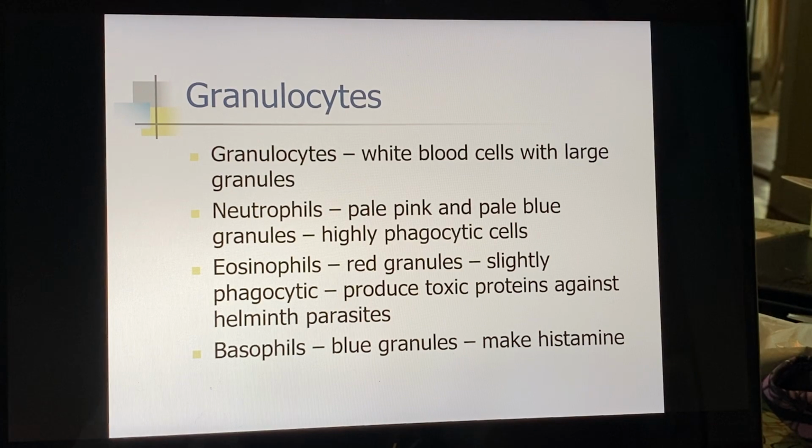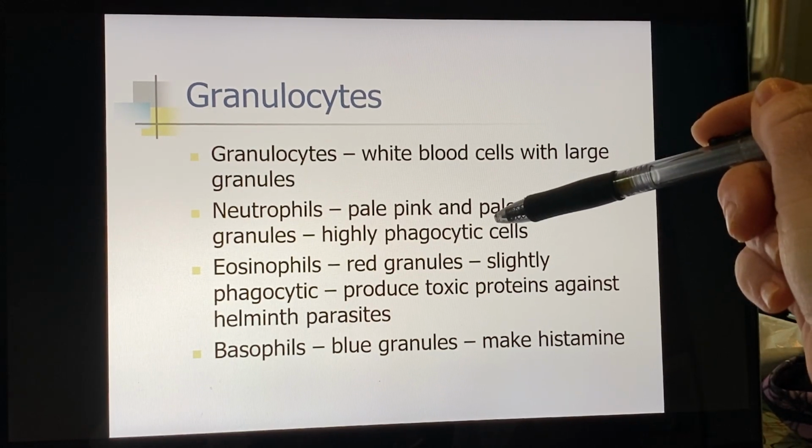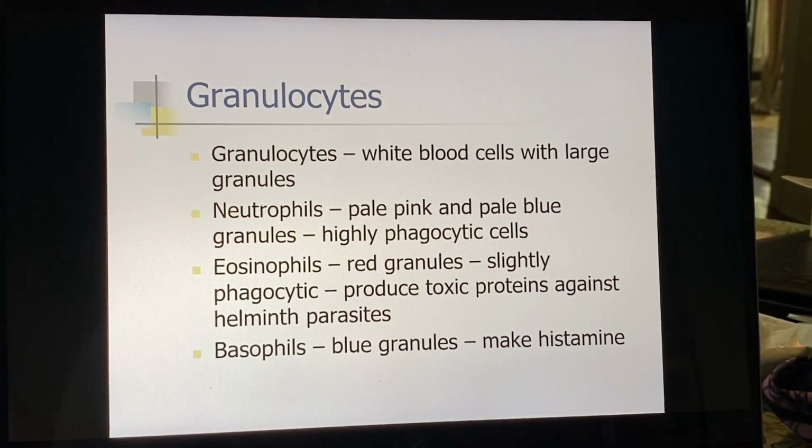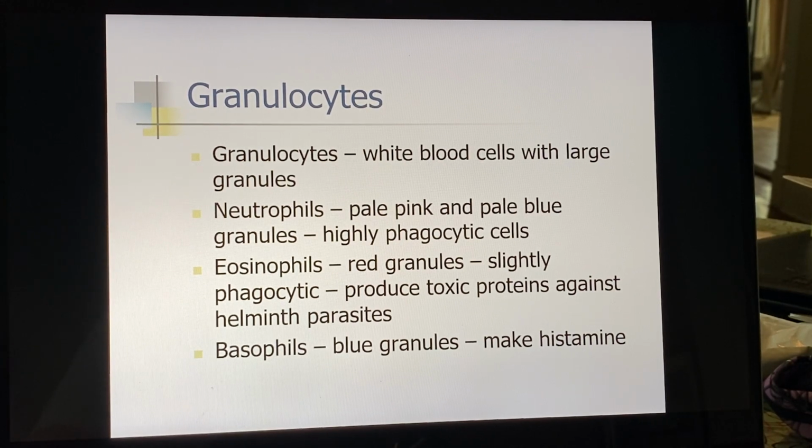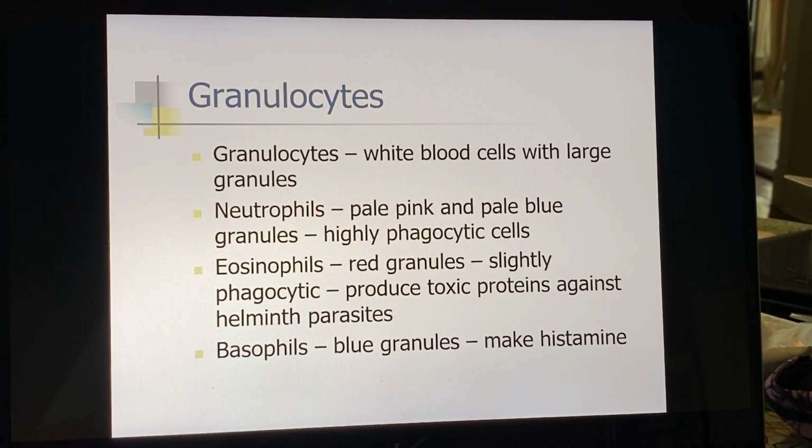Neutrophils are highly phagocytic cells, meaning that when they see clumps of things, especially things that don't belong and are not supposed to be in your system, like clumps of bacteria or viruses or damaged cells, they are going to engulf and eat that stuff, which is great for you because it means it's clearing it out of your system.